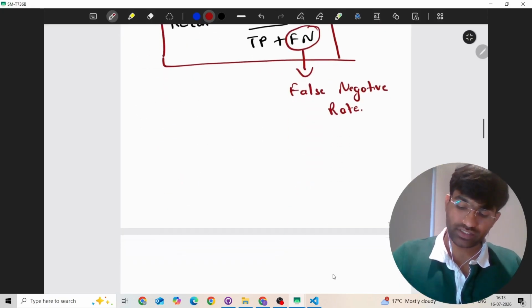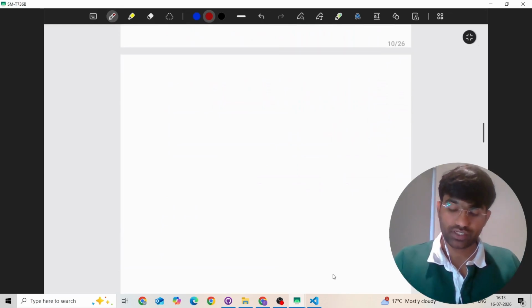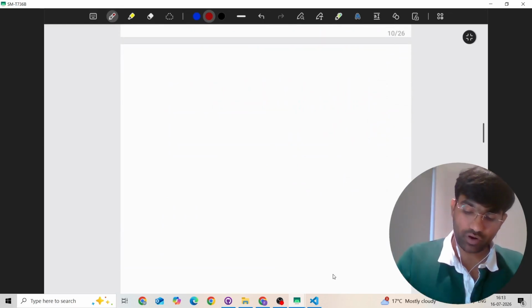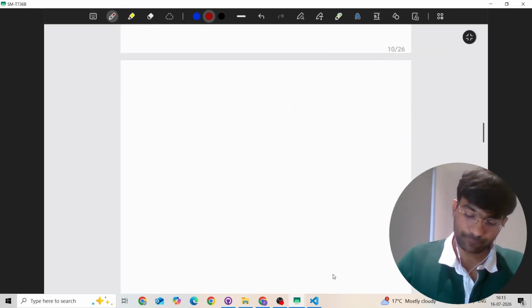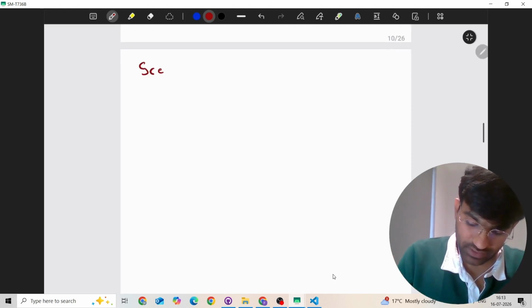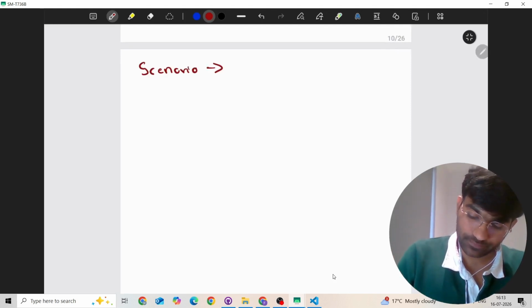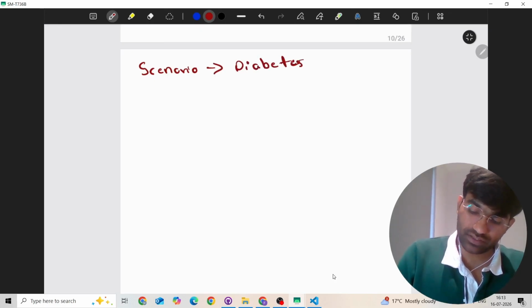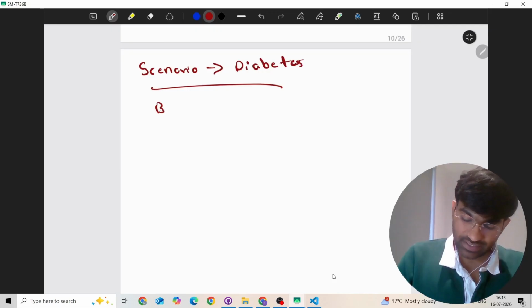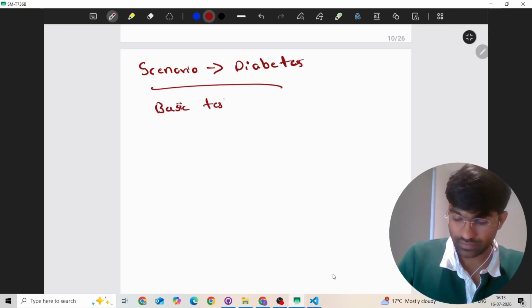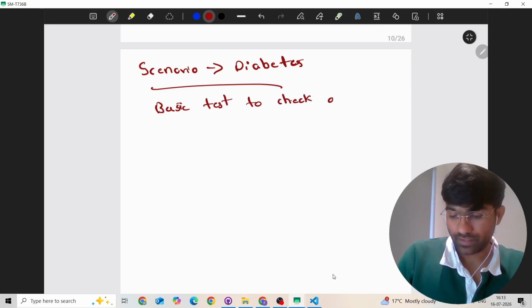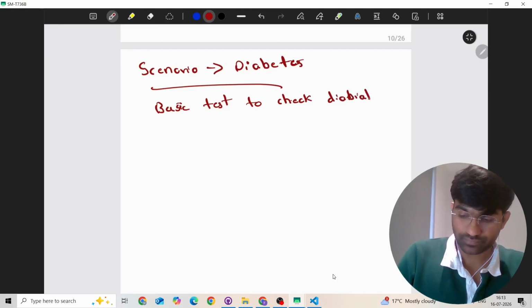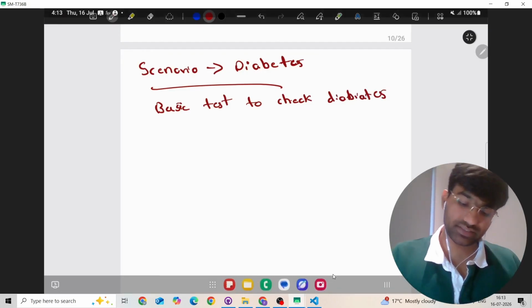Under what scenario should we choose recall to check the model accuracy? Let's consider the scenario of diabetes. The patient has given the basic tests to check diabetes, and your model makes predictions.